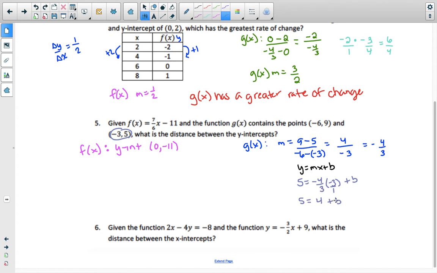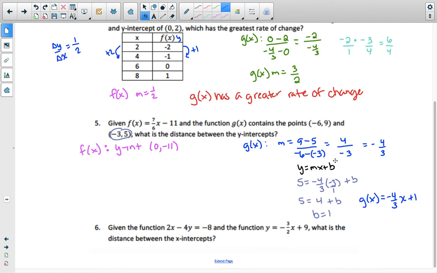So 4 plus what gives you 5? 4 plus 1 gives you 5, so b is equal to 1. So for g of x, our actual equation is g of x equals our slope, -4/3 x, and then our constant is the +1, so plus 1.